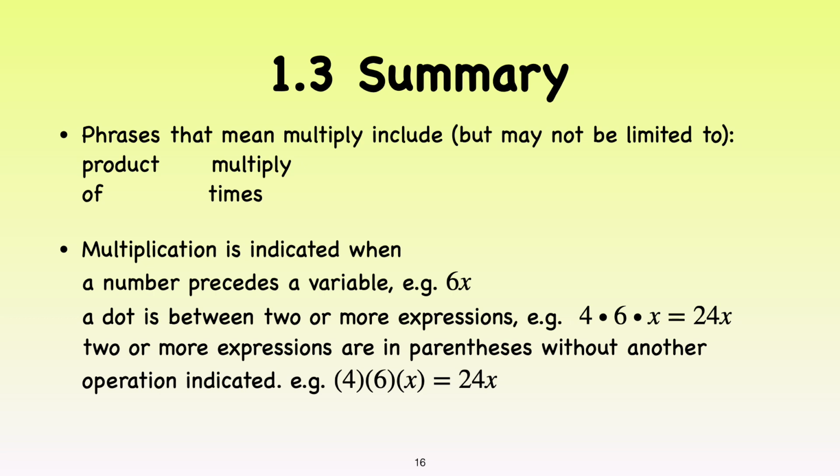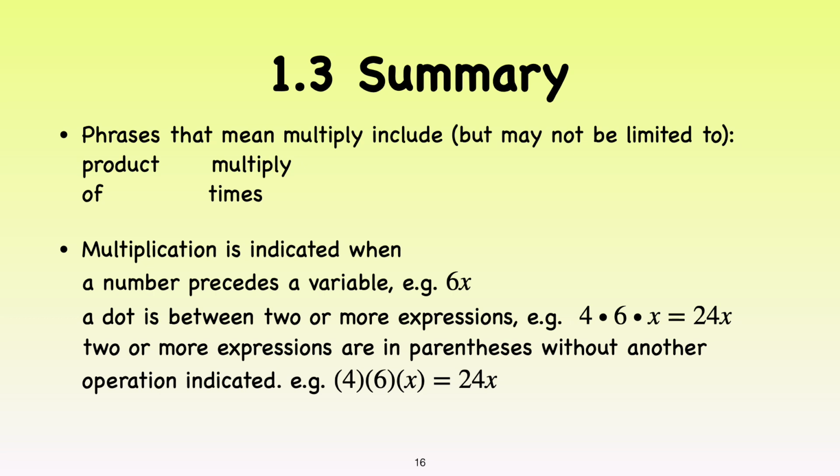Multiplication is indicated when a number precedes a variable, for example, 6x, 6 times x. There could be a dot between 2 or more expressions, such as 4 times 6 times x, with dots in between the 4 and the 6, and the 6 and the x.